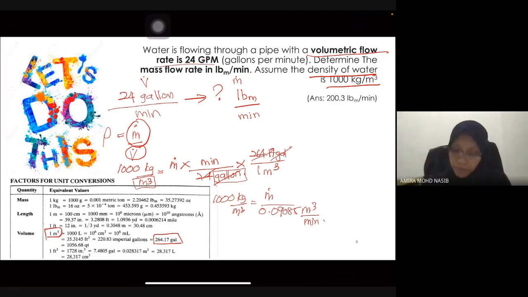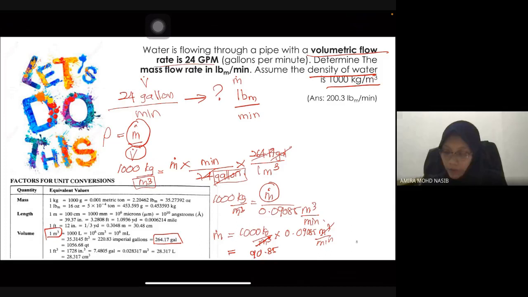Alright, so in order for you to get the mass flow rate, 1000 kilogram per meter cube times with 0.09085 meter cube per minute. So what you get here? 1, 2, 3.